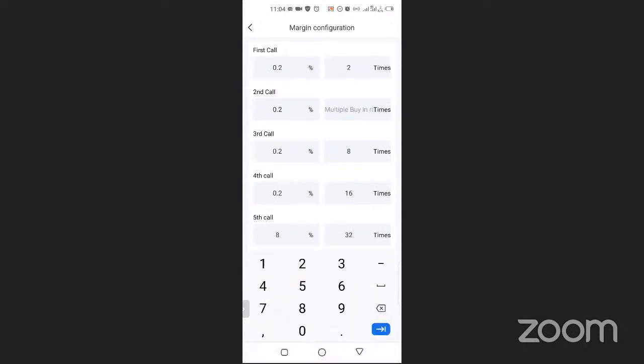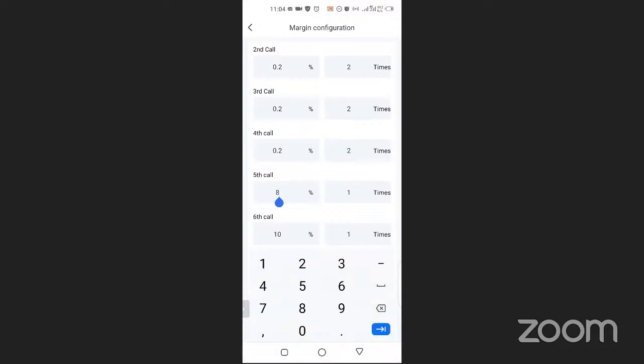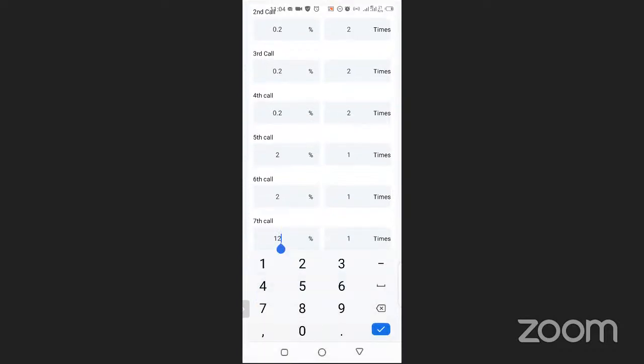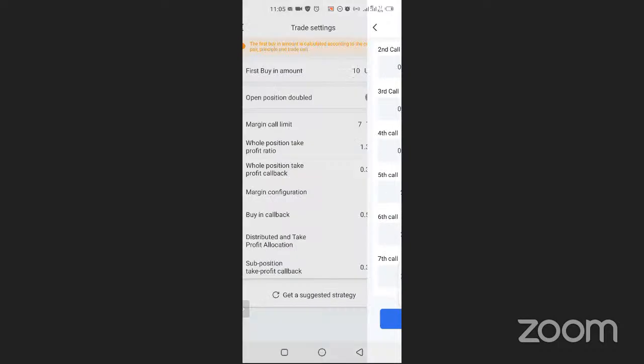So it means this is around 20, 40, this is 20, 40, 60, this is 80, right? Okay, I've seen a 1 here, 90, 100, right? Then this is 2%, which is okay. This is 2%. So you can even mingle and change. This is also 2%. Okay, then I confirm.